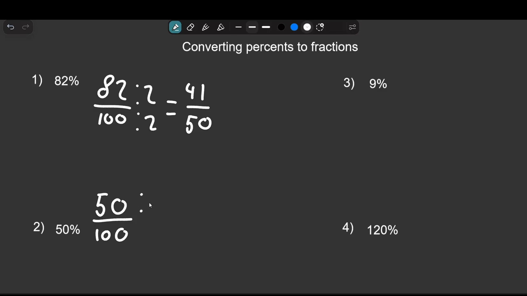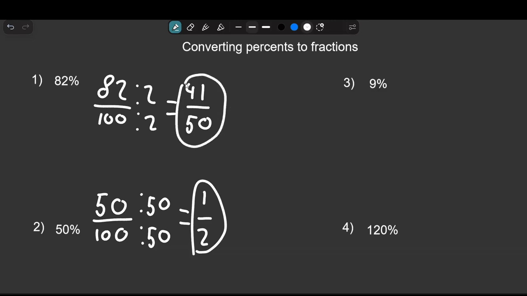So we divide them both by 50, and we get 50 divided by 50 equals 1, 100 divided by 50 equals 2. So we get a half. This one's very easy, and 50% is always a half, so you can immediately know it is this fraction. So I'm going to circle the answers.